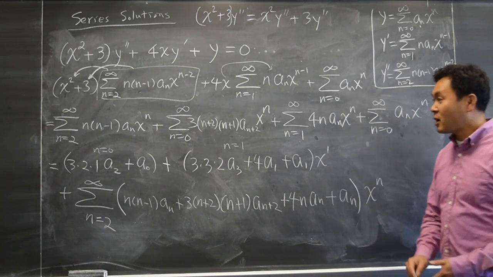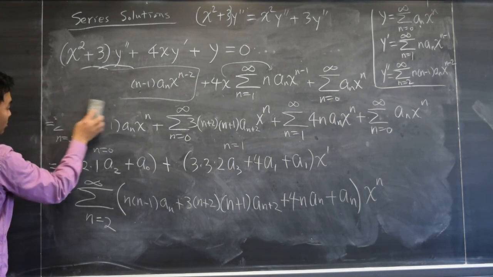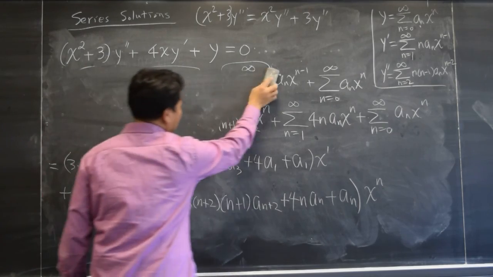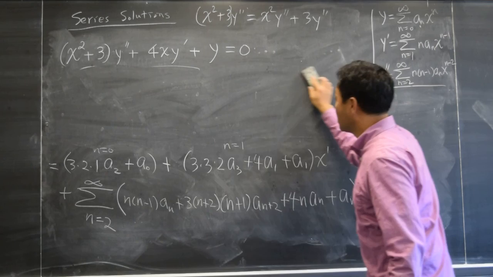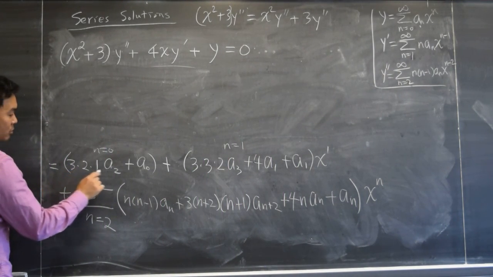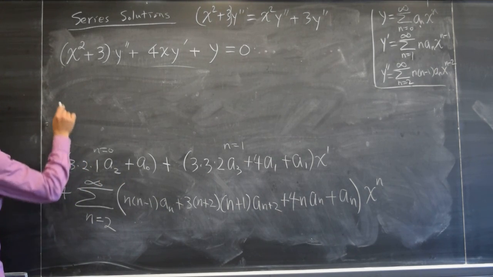Okay. So now let's summarize what we found after this calculation. We found the following. We found that 6a2 plus a0 is 0.